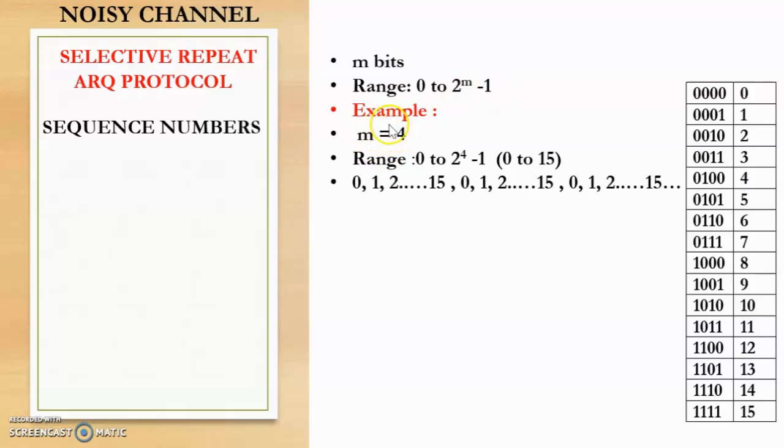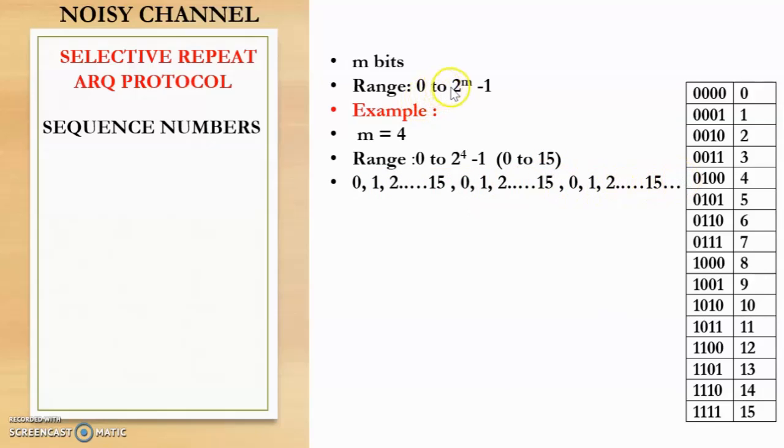Then the sequence numbers will range from 0 to 2 raised to 4 minus 1, that is from 0 to 15. So the sequence numbers will be 0, 1, 2 and so on till 15. Then again the same sequence will be repeated, and so on.